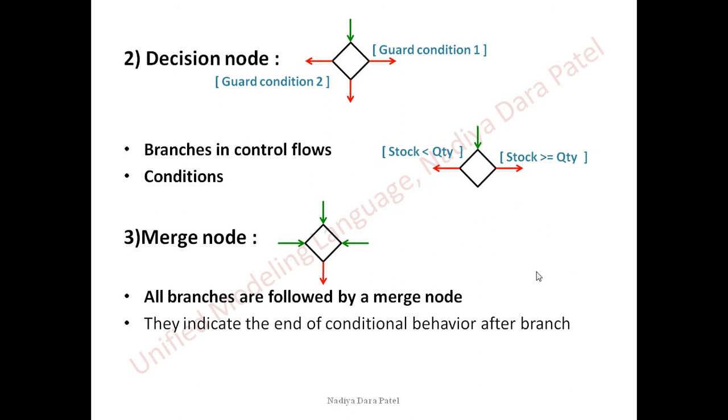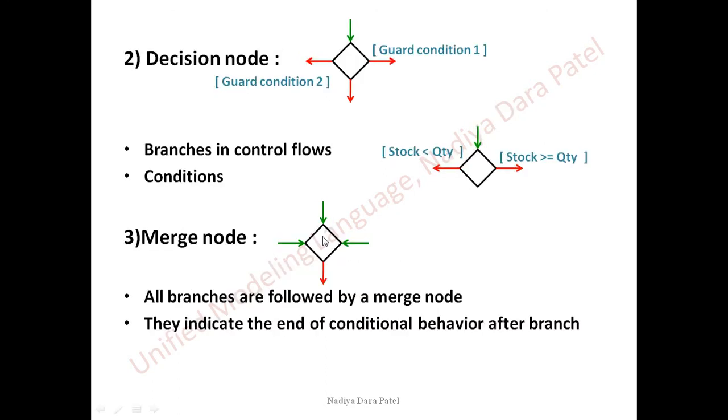When the next condition is satisfied, you can add another merge. Or for simplicity, complete all your decision nodes and then finally add a single merge node which collects every branch together, and then go to your final state. They indicate the end of conditional behavior.